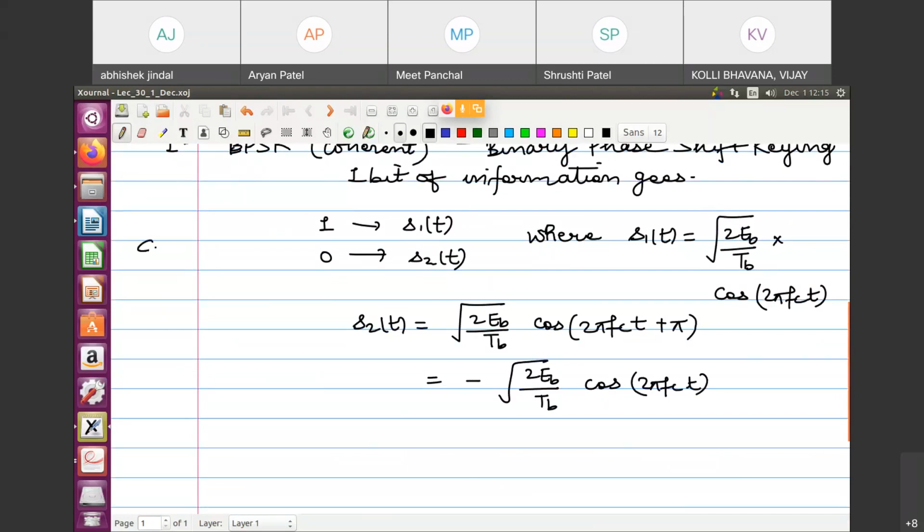So phi 1 you have chosen as 0, phi 2 is chosen as pi. So you have two possible phases of the carrier. That is what the concept behind BPSK is.